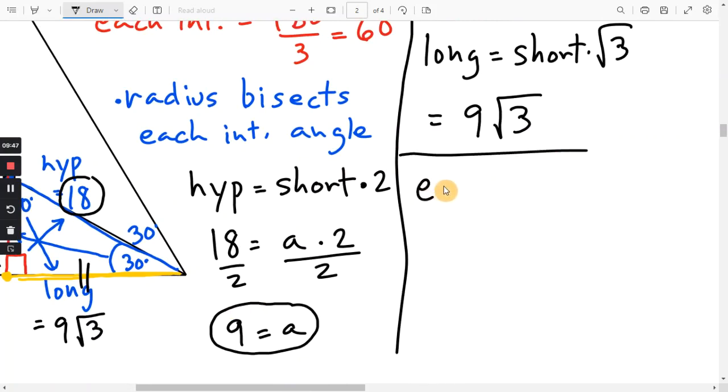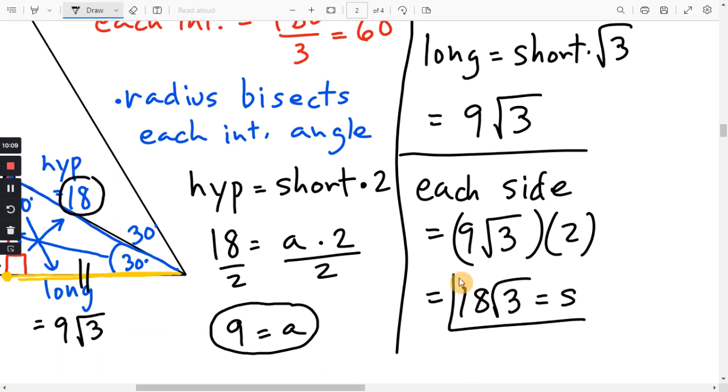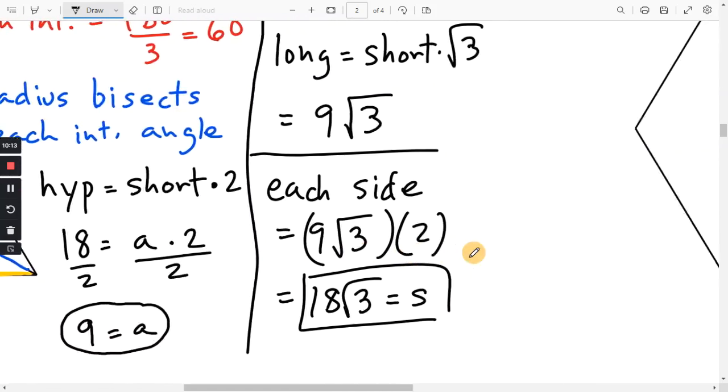So each side is going to equal 9 radical 3 times 2. Okay, 9 times 2 is 18, and we still have radical 3. So that's S, each side. All right, and now we're in business.